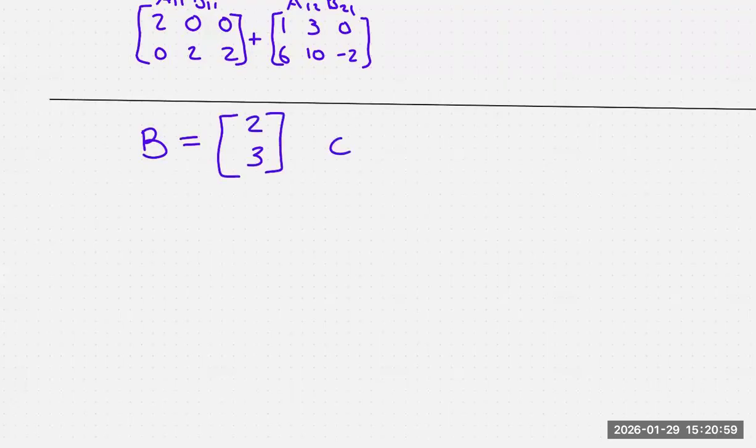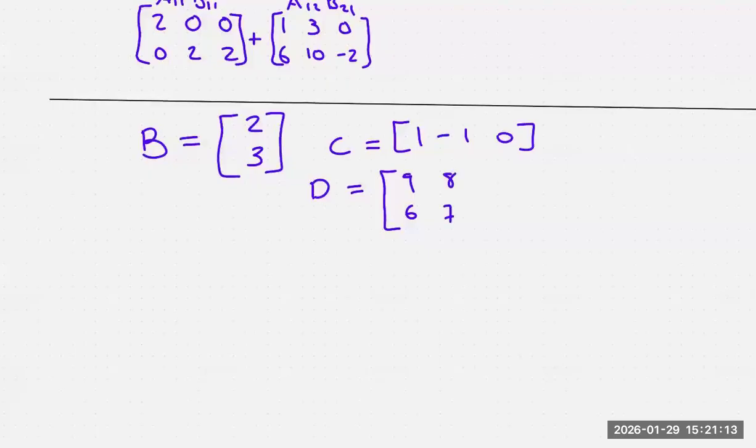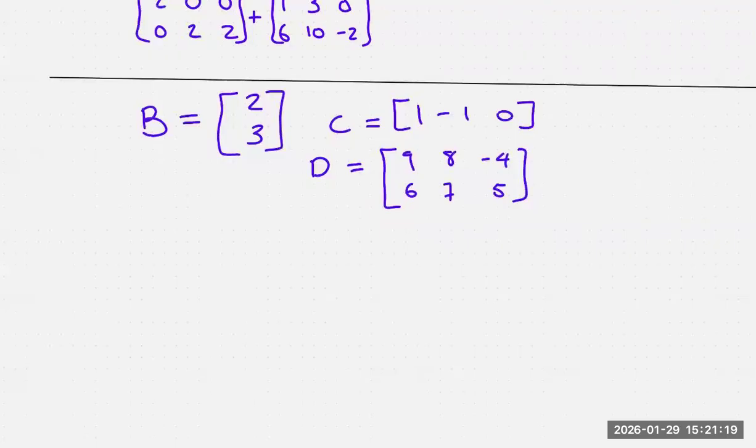C equal to 1, negative 1, 0. And D equal to 9, 6, 8, 7, and negative 4, 5. And the book asks, what is BD?